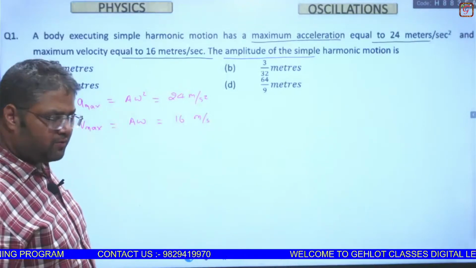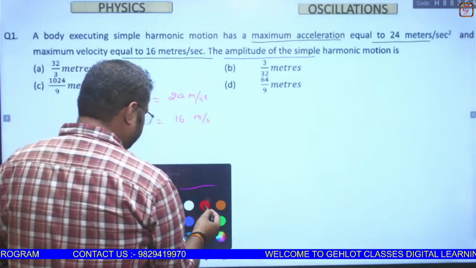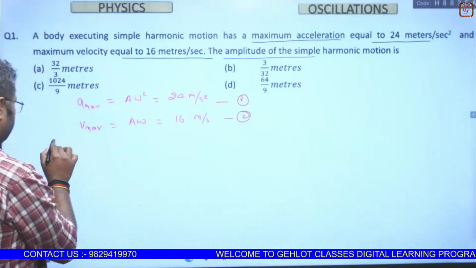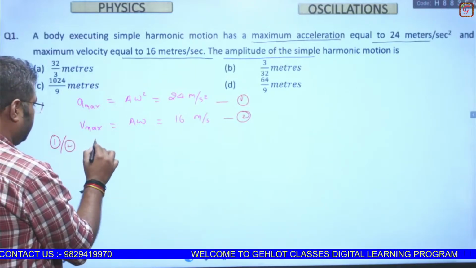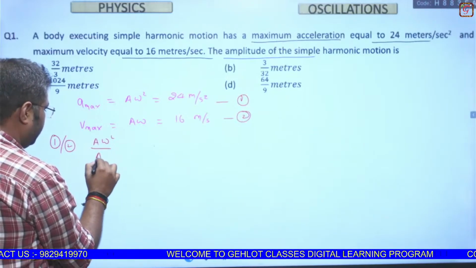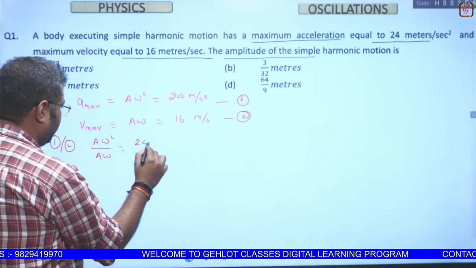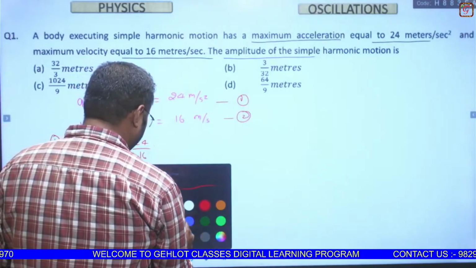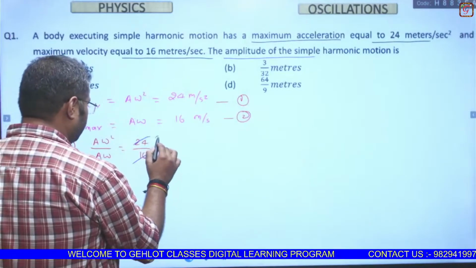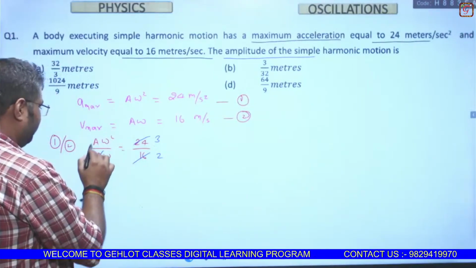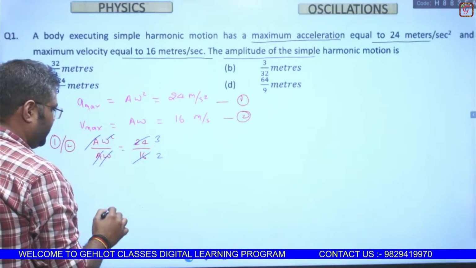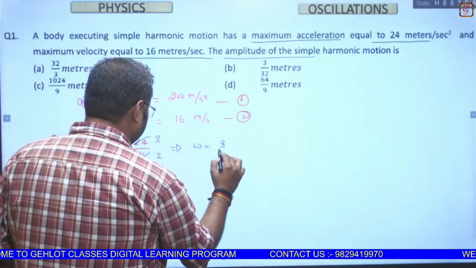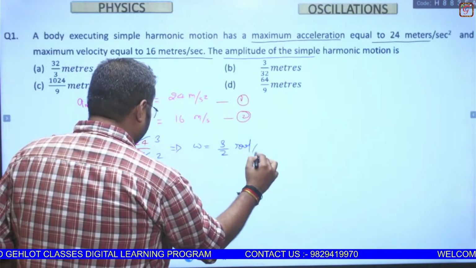So can we calculate the omega? If we divide equation 1 by 2, A omega square upon A omega is equal to 24 by 16. If we cancel this term by 8, this term will become 3 by 2, and A will be cancelled out and omega will cancel the square term. So from this we can calculate omega is equal to 3 by 2 radian per second.